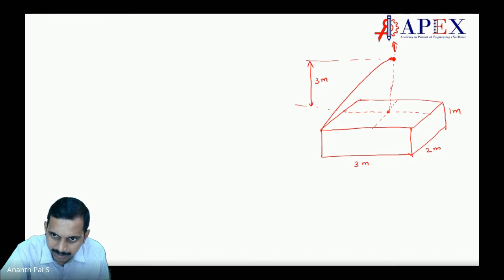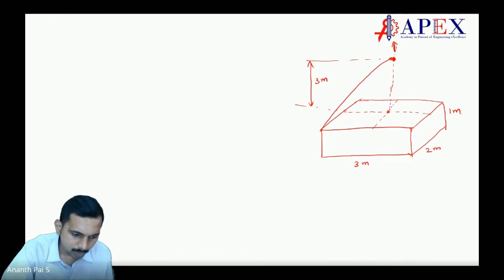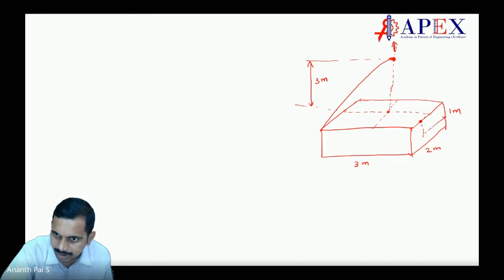One rope connects here, the other rope is connecting over here, at a distance of 1.6 meters. So from here, at a distance of 1.6 meters, you have a rope here, right?